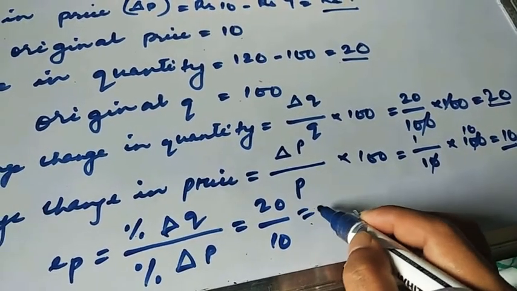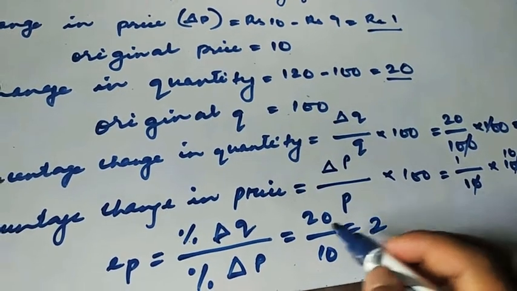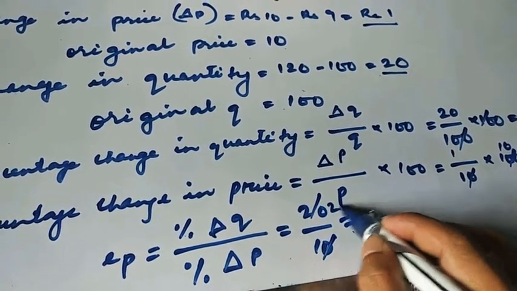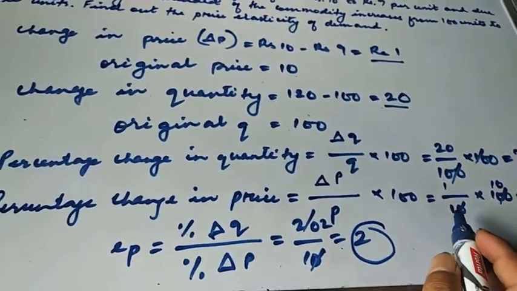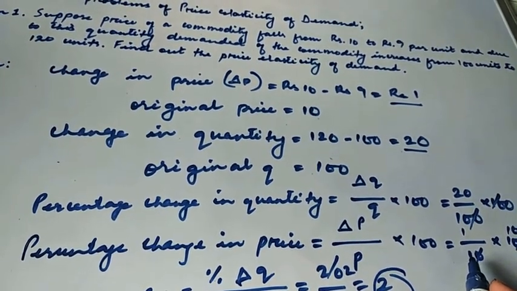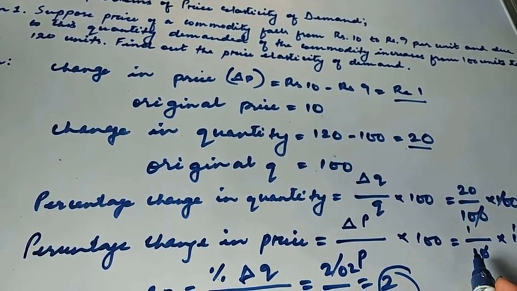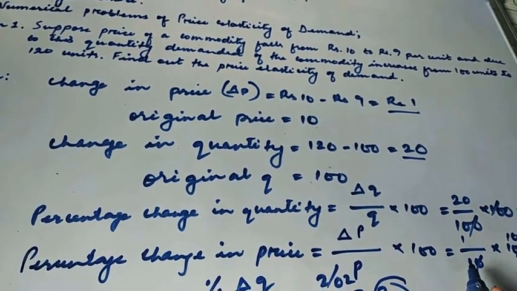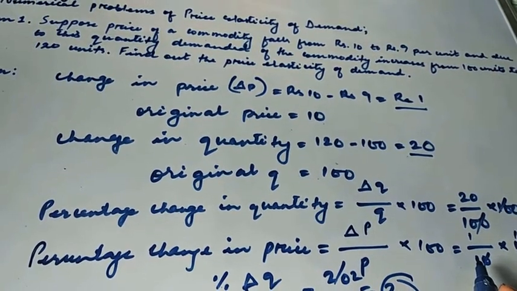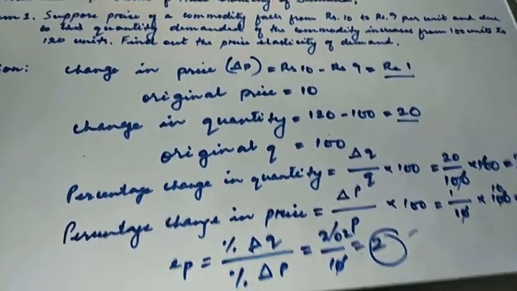So we got 2 as the price elasticity. This 2 is the price elasticity of demand when there is a fall in the price from rupees 10 to 9 and quantity demanded increases from 100 to 120 units. So 2 is the price elasticity of demand.